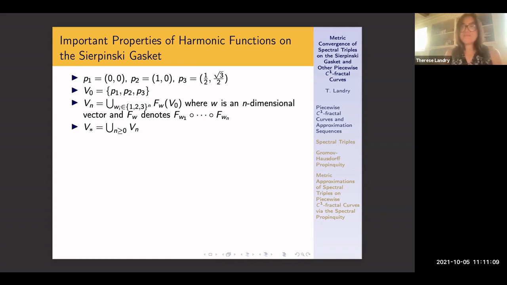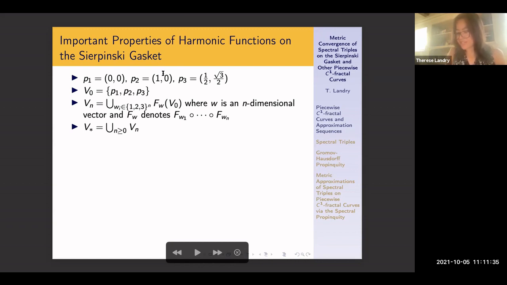So remember that in the classical case, harmonic functions on the Sierpinski gasket are energy minimizers for certain boundary values. And here, these vertices of that initial unit equilateral triangle are usually viewed as the boundary values, the boundary points for the Sierpinski gasket.